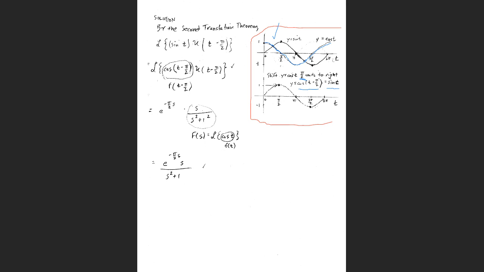And so I can replace the sine of t with the cosine of t minus pi over 2. And of course, the a would just be equal to pi over 2.